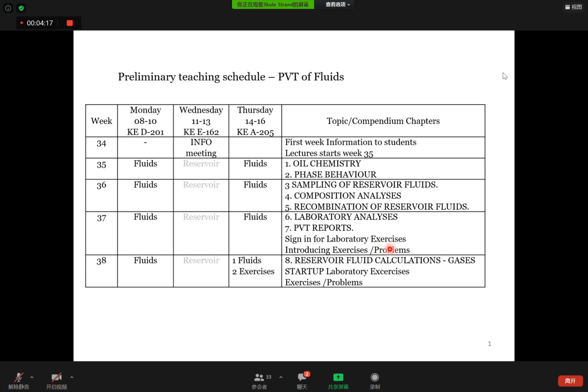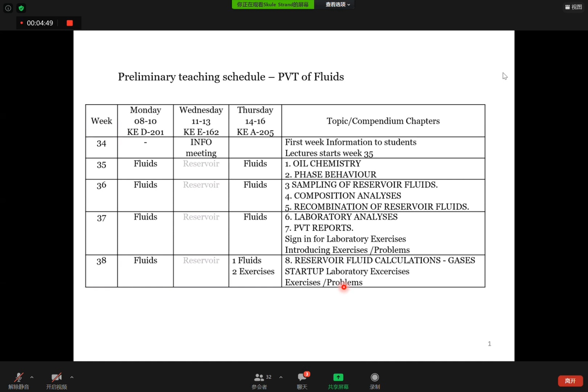Next week we will introduce the problems or exercises that follow this course for calculations and things like that, because today we will complete PVT reports, and next week, in week 38, we will start looking into the theory around the calculations. We start with gas and using the equation of state, simple calculations, and then we move a little bit further.